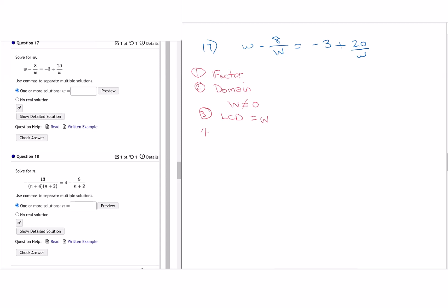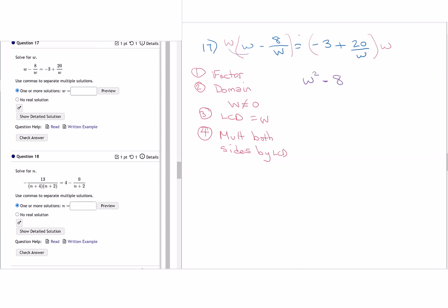Number 4, multiply both sides by LCD, which is W. That means I'm going to multiply this side by W and this side by W. I get W squared minus 8.